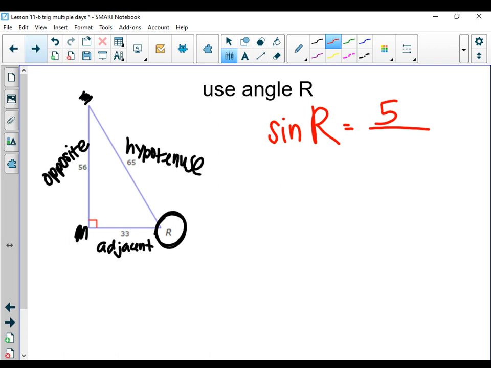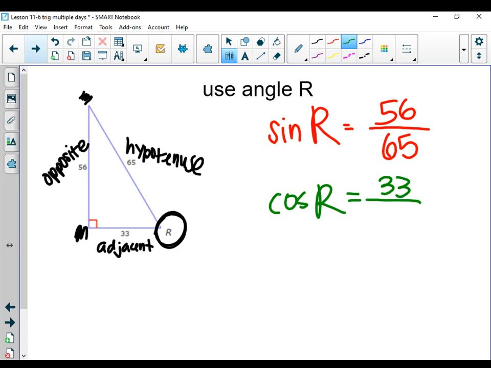Bottom of sine, Allie. Bryn, top of cosine. 33. Bottom of cosine, Addison. Can you believe how easy this is once we learned it and practiced it a couple times?